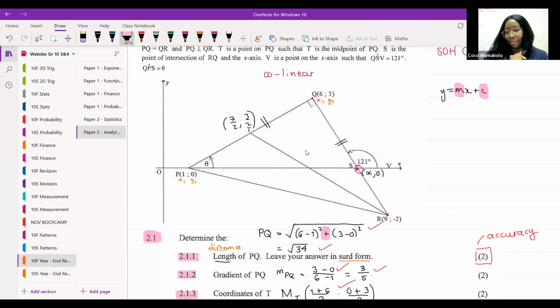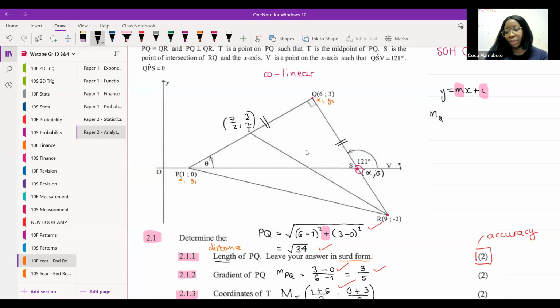I've just highlighted them. M is the gradient and c is the y-intercept. We're going to need those 2 things. Do we know at least how to calculate the gradient? Can we calculate the gradient of QR?